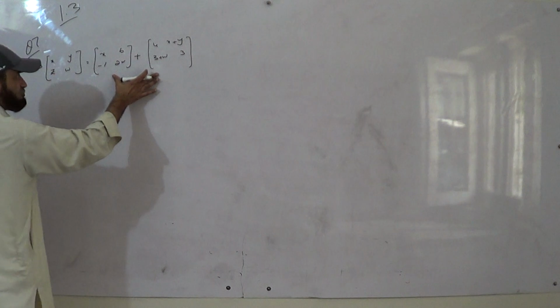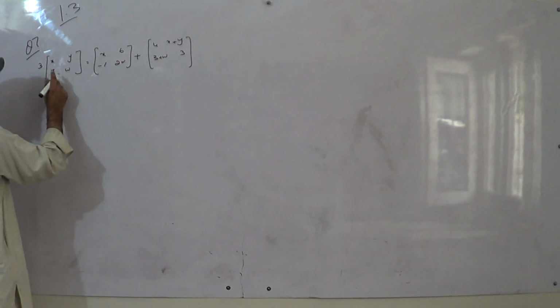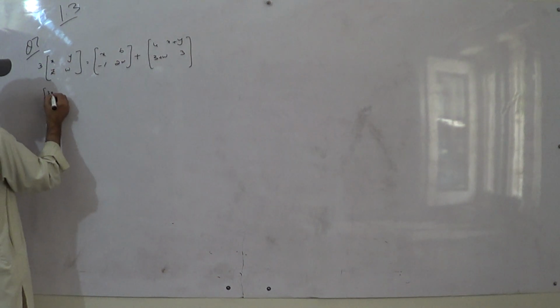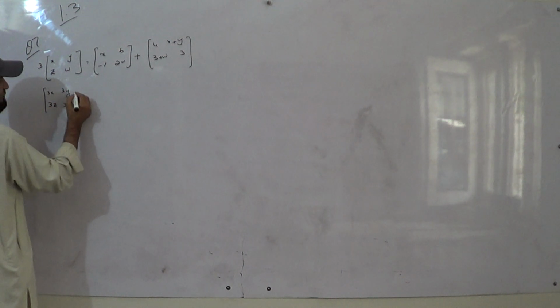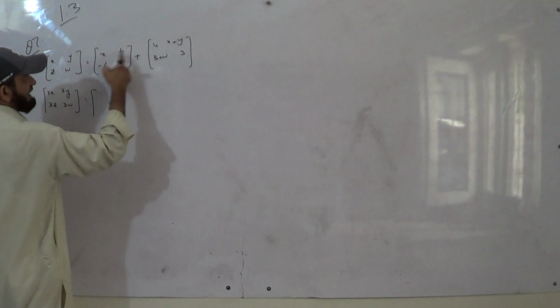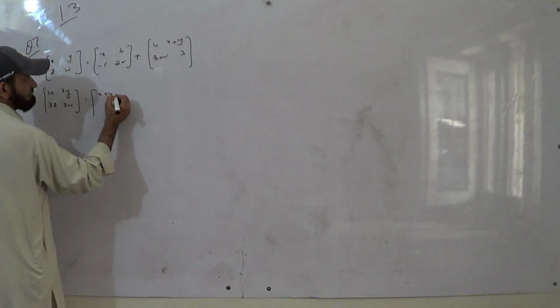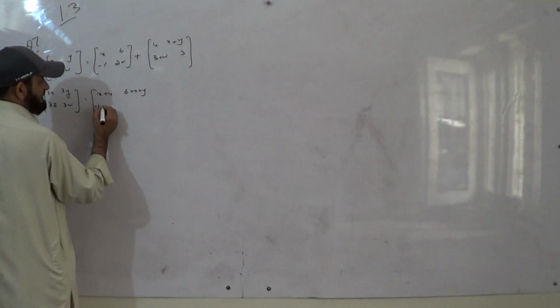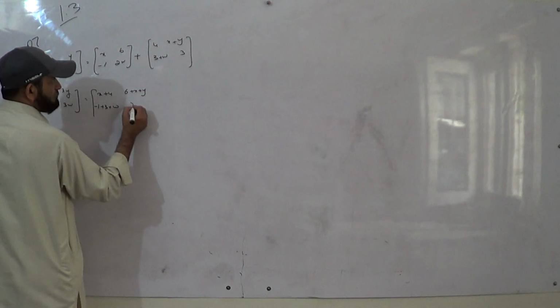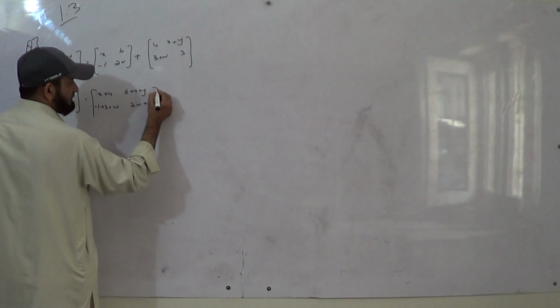Now first we add these two matrices and multiply 3 by this matrix. We get 3x, 3y, 3z, 3w equal to x plus 4, 6 plus x plus y, minus 1 plus 3 plus w, 2w plus 3.